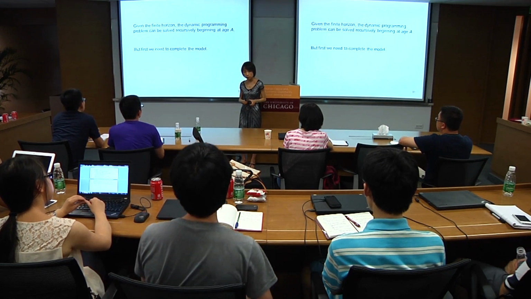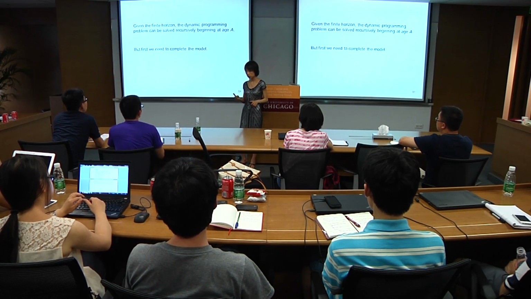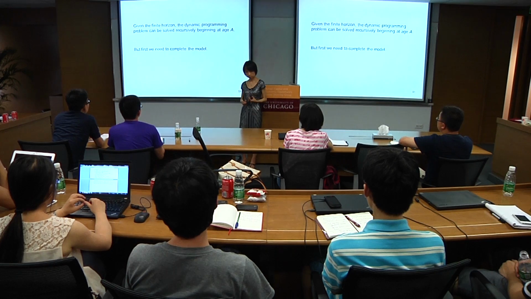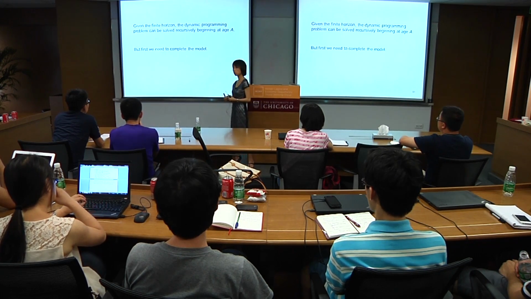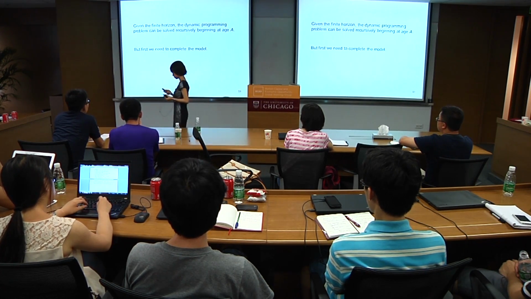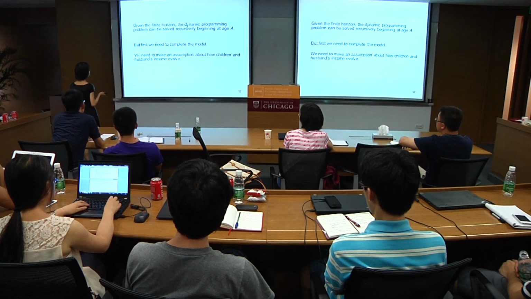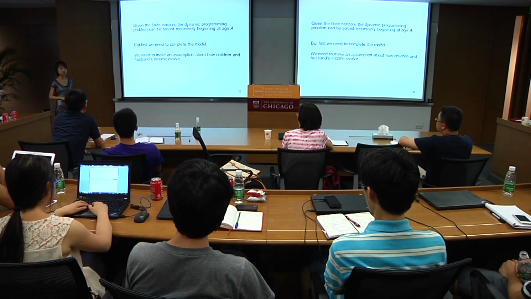Look, we have the budget constraint. The number of children. Where do they come from? Okay, so we need to make assumptions about how children and also the husband income evolve over time.